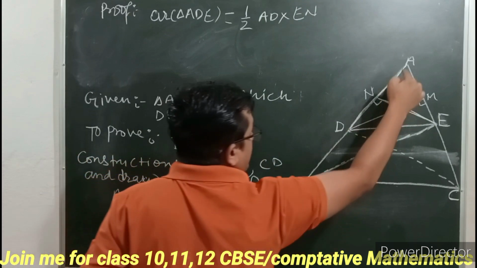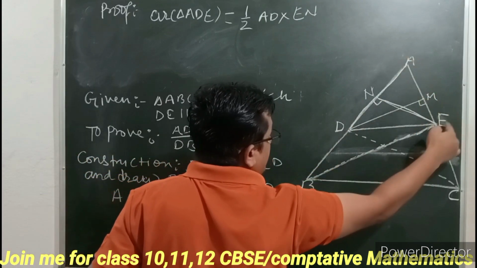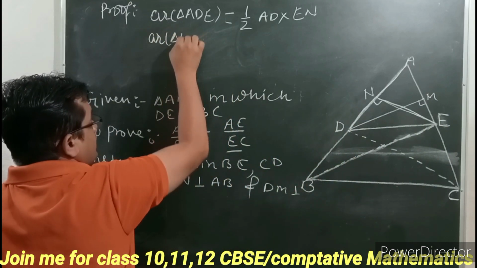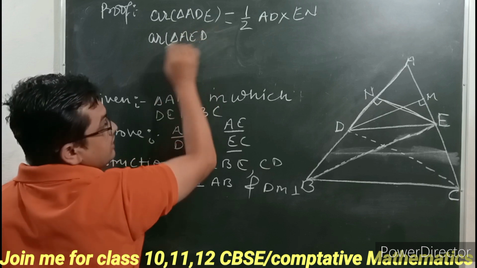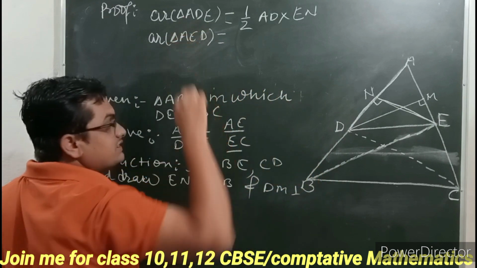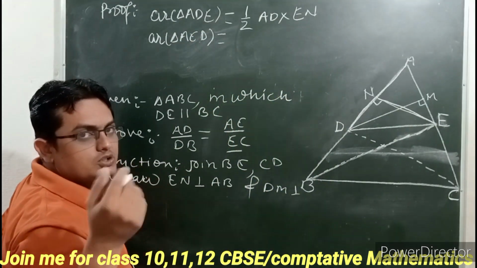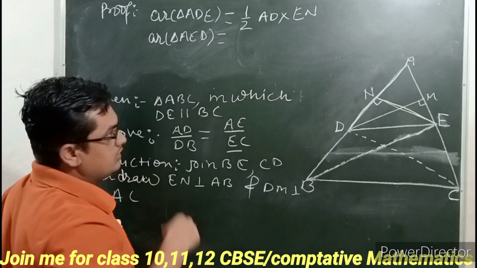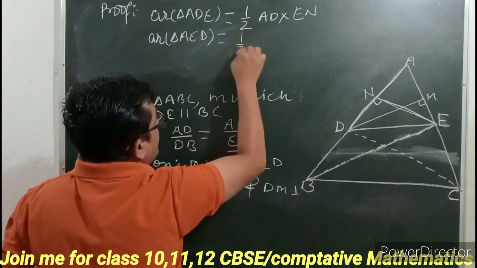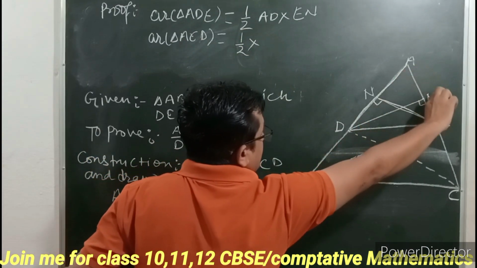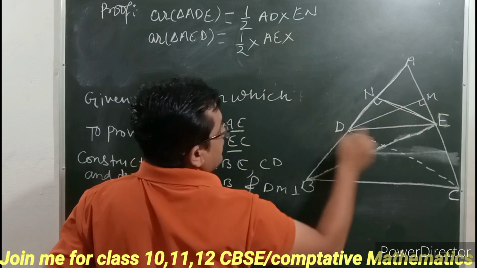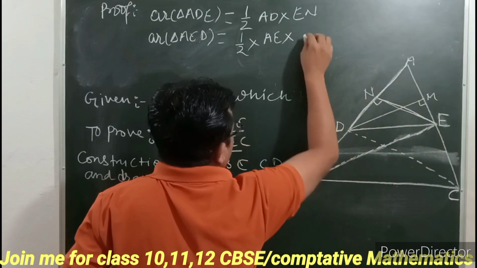Now another way we can take area of triangle AED. Both are the same triangle, only the cyclic order changes, but the area of the triangle will be the same. So area of triangle AED equals 1/2 base AE multiplied by perpendicular DM.